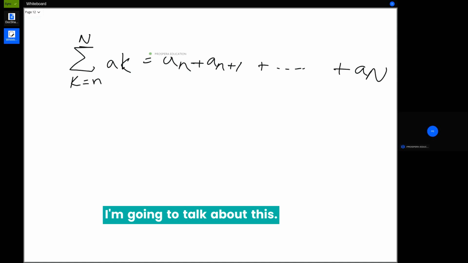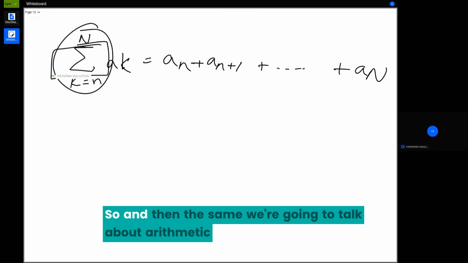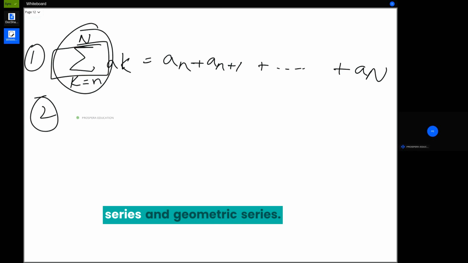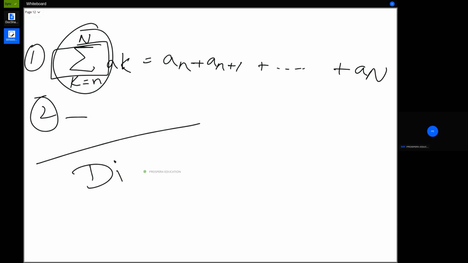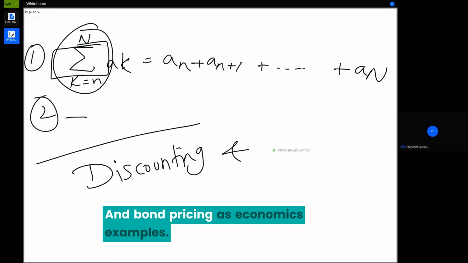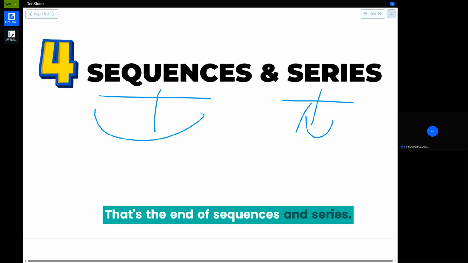We're going to talk about this. And then in the same, we're going to talk about arithmetic series and geometric series. And in economic applications, I'm going to talk about discounting and bond raising. That's the end of sequences and series.